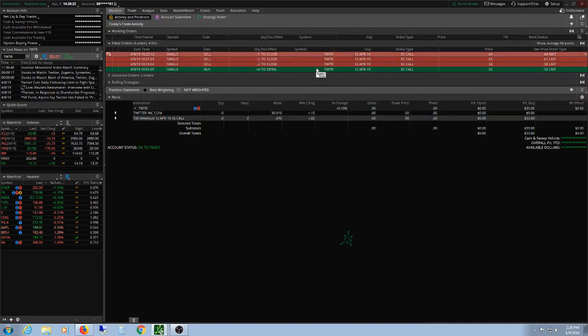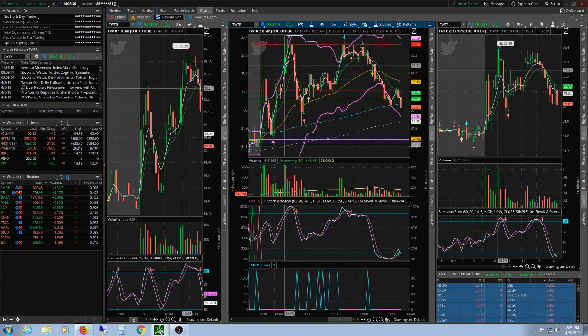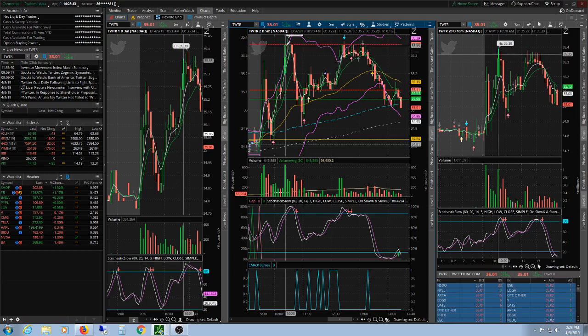I sold the other half. I sold one at 10:21 at 61 cents and one at 10:23 at 64 cents. At 10:21, we were right after this candle opened. I sold one more, and for the last one, we actually came up and touched a pivot, which was my target.